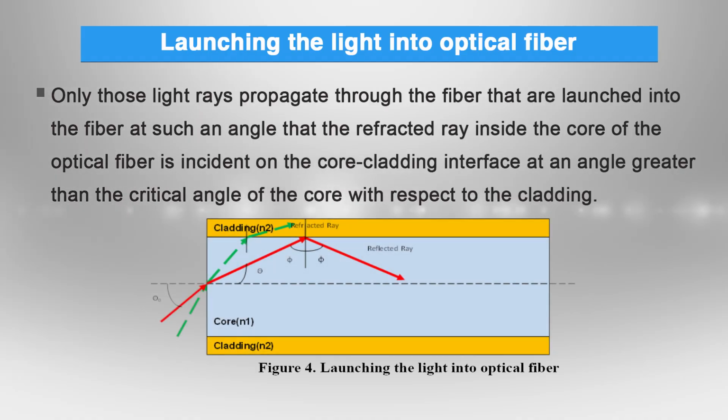All the light energy that is launched into the optical fiber through its tip does not get guided along the fiber. Only those light rays propagate through the fiber that are launched at such an angle that the refracted ray inside the core is incident on the core cladding interface at an angle greater than the critical angle of the core with respect to the cladding.